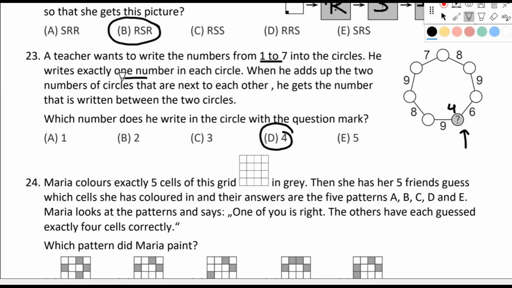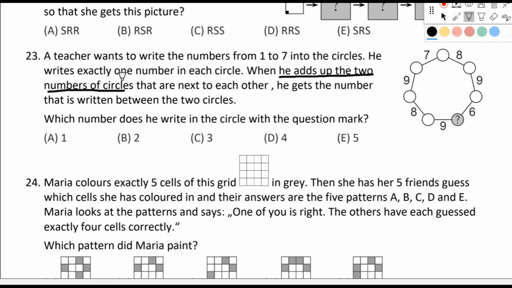Now you verify whether this is right or wrong, because when he adds up the two numbers of the circles next to each other, he gets the number that is written between the circles. Right. When he adds up two numbers of the circles, so this number and this number, when added, you get the number 4.